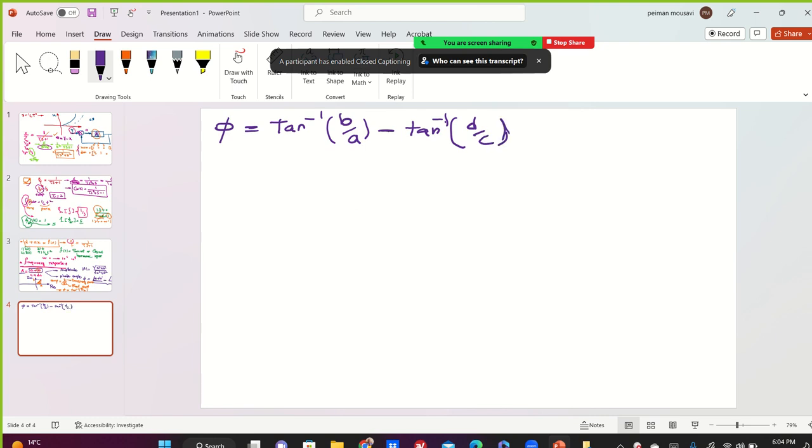So when you deal with the complex number, you have to find these two parameters. Okay? Understand?